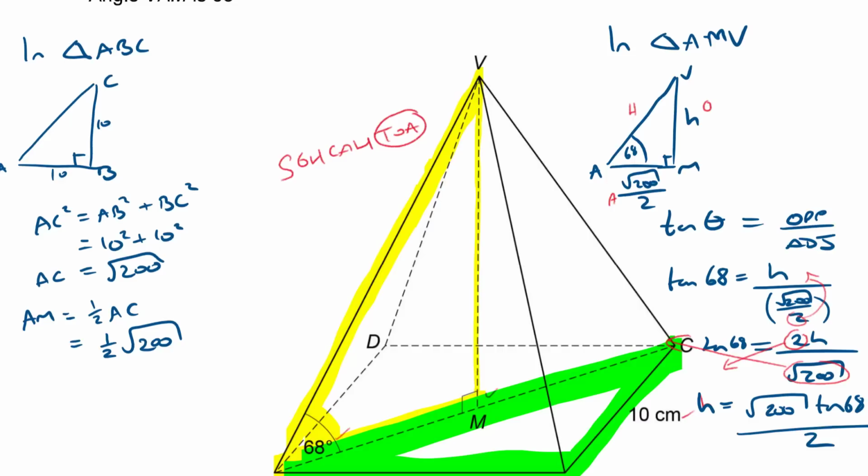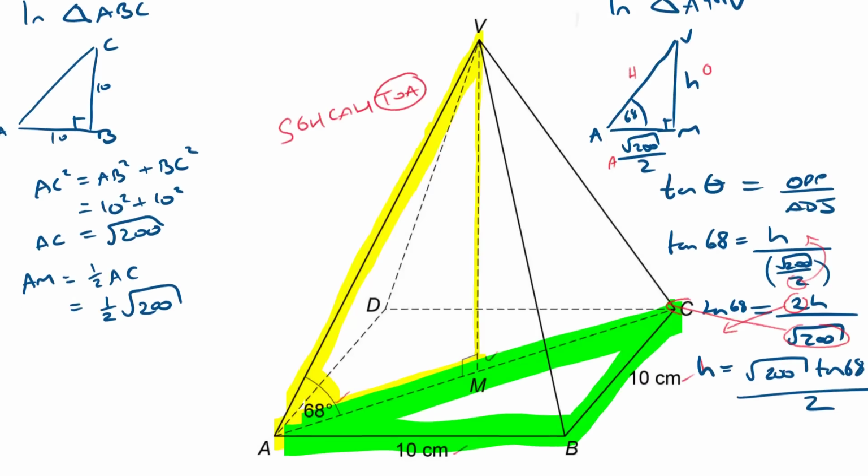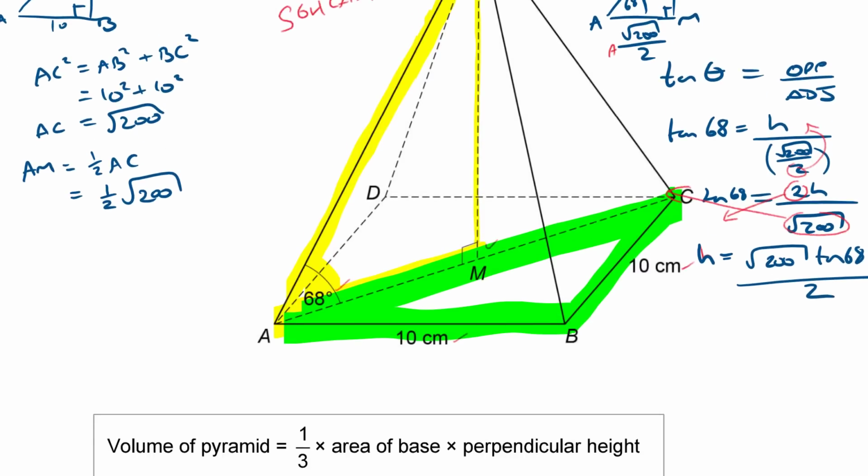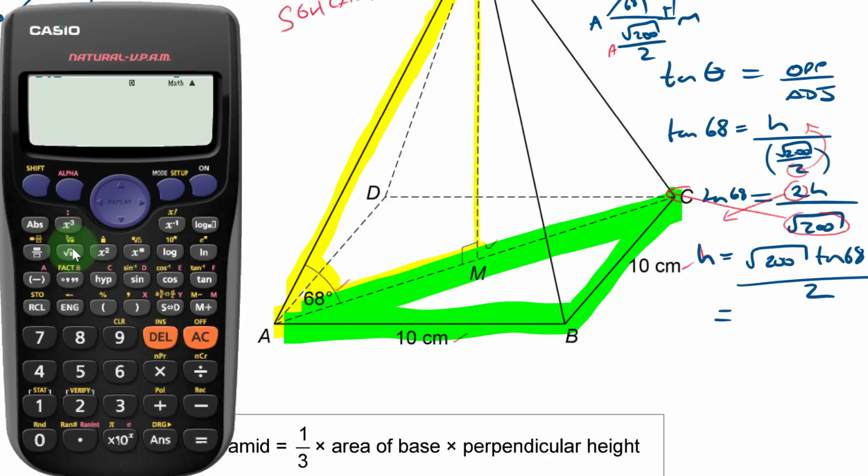And that is then my value of H. Now again, I could calculate that now. Let's just pull up a calculator and work out what that is. So root 200, square root of 200, times the tan of 68, all divided by 2.